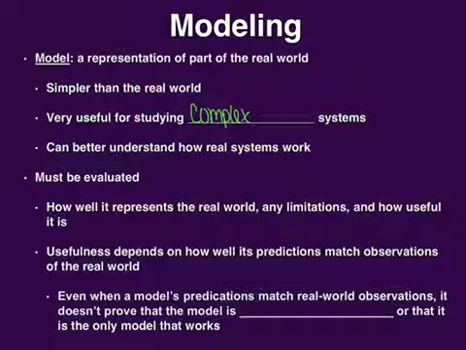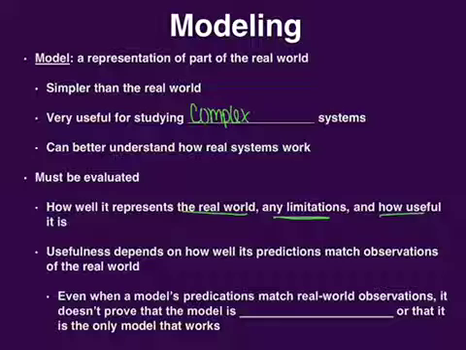Models must be evaluated in order for their effectiveness to become understood. So we want models to represent the real world as accurately as possible. We want to know any limitations there are within the model, and then how useful is it?